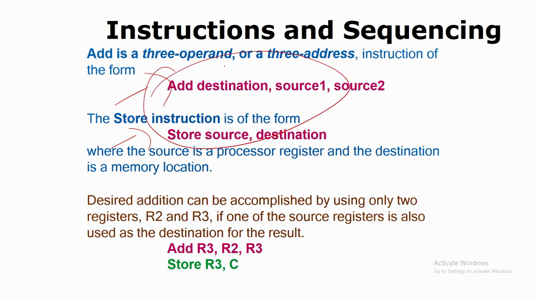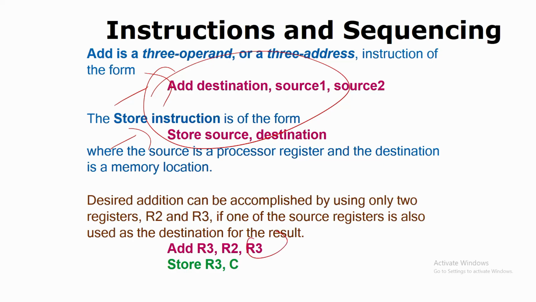Add is a 3-operand, or 3-address, instruction format, whereas store is a 2-operand instruction. Here add R3, R2, R3 stores the result directly into register R3.